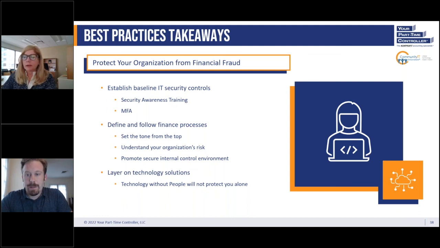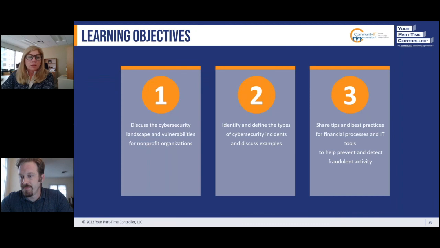Yeah, I think we can review our learning objectives. And I think we've done great on time. We might have time for questions. I just will wrap up with saying that we discussed the cybersecurity landscape and the reasons why nonprofits are particularly vulnerable and why now.